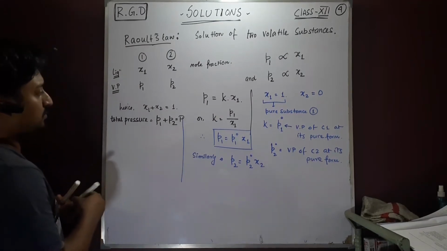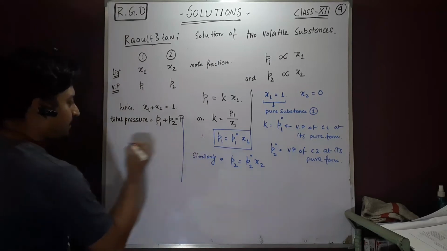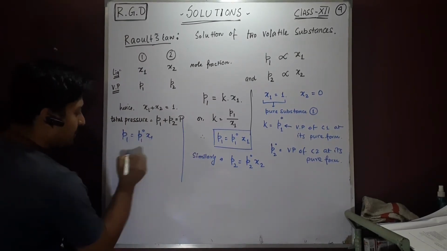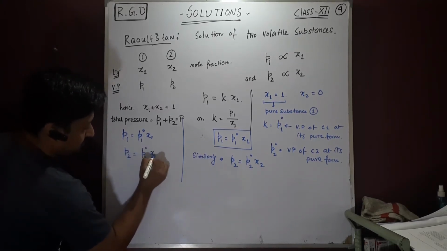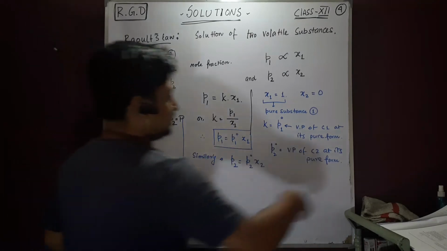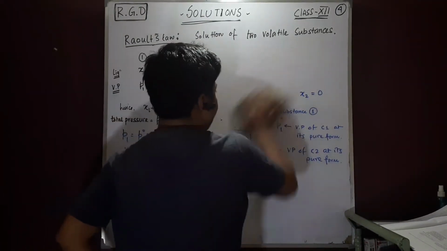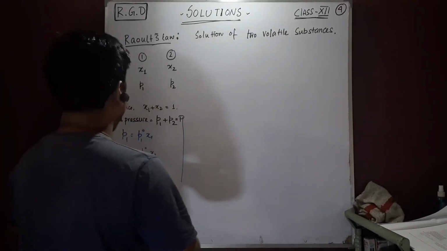I'm just putting these properties here. So P1 is equal to P10 x1 and P2, the partial pressure, is P20 into x2. I'm just wrapping up this part. Just be with me. So what I have here?